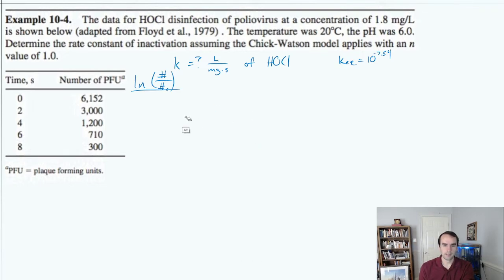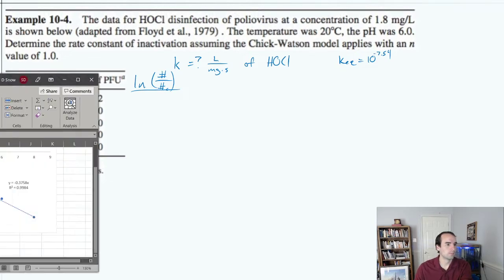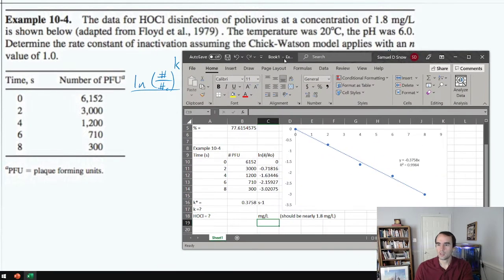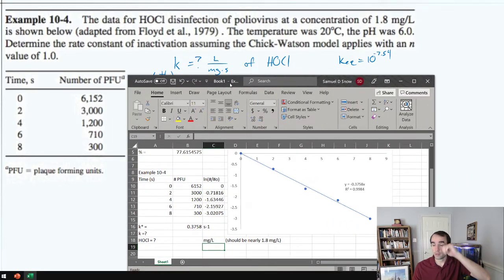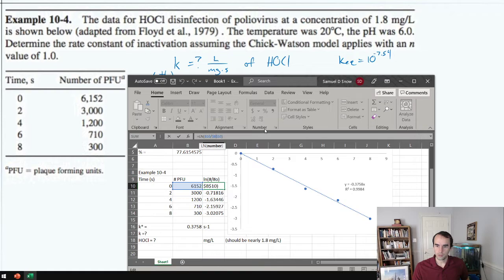So that's what I did in Excel. For this example, I went ahead and wrote in the time. I wrote in the values given to us there. And then I took the natural log of the current divided by initial number.